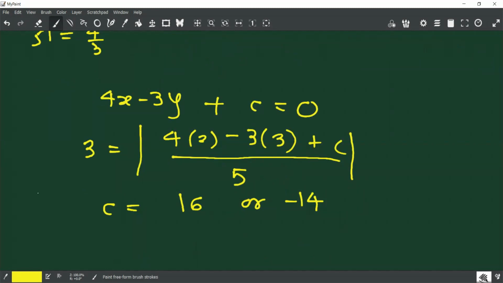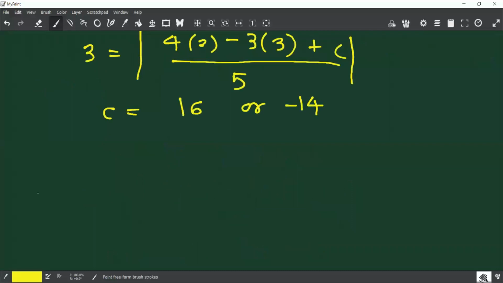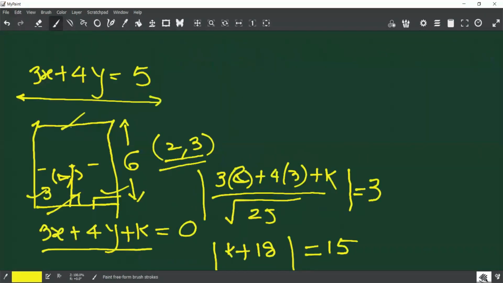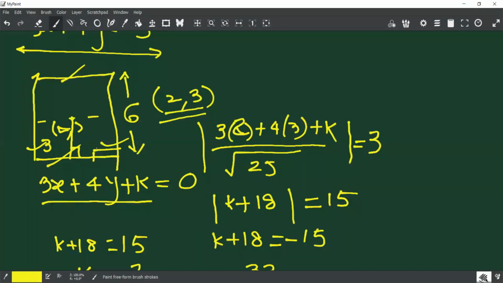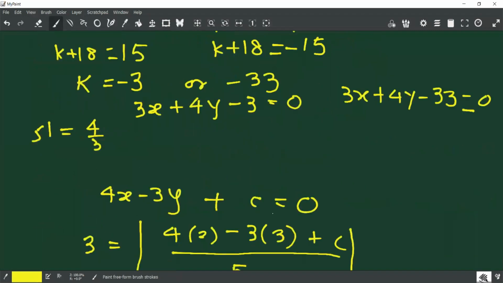Okay, sure. Did you understand that the lines are going to be perpendicular to those lines? If the slope of these two lines is minus 3/4, then the slope of these two lines will be 4/3. So 4/3 slope means 4x minus 3y plus c is equal to 0. The perpendicular distance of these two lines from the center is also going to be 3 units.